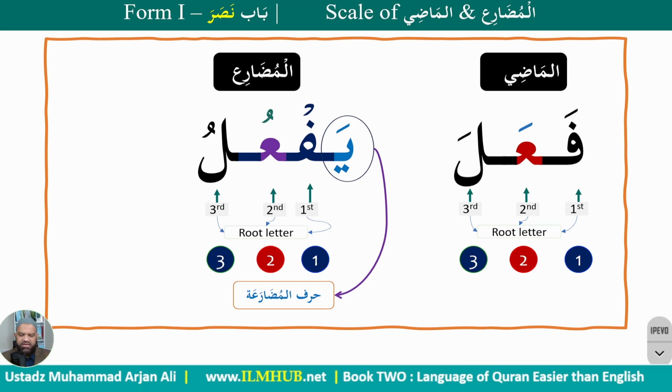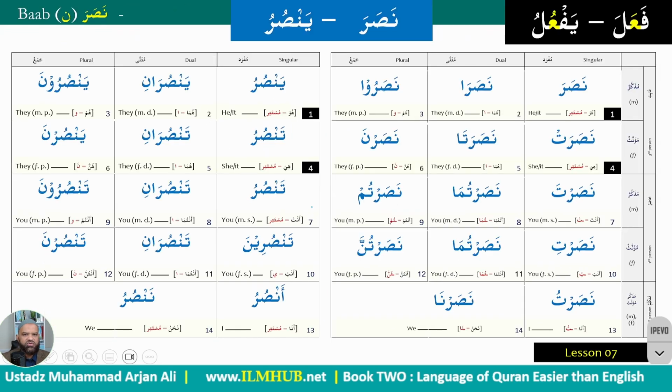Now imagine again 3 root letters, noon, sad, and ra, going through the 2 patterns that we got on the scale. So we have nasara. Can you see it? Nasara yansuru. So this is your scale now. Fa'ala yaf'ulu, yielding nasara yansuru, which is one of the common verbs used in this scale.